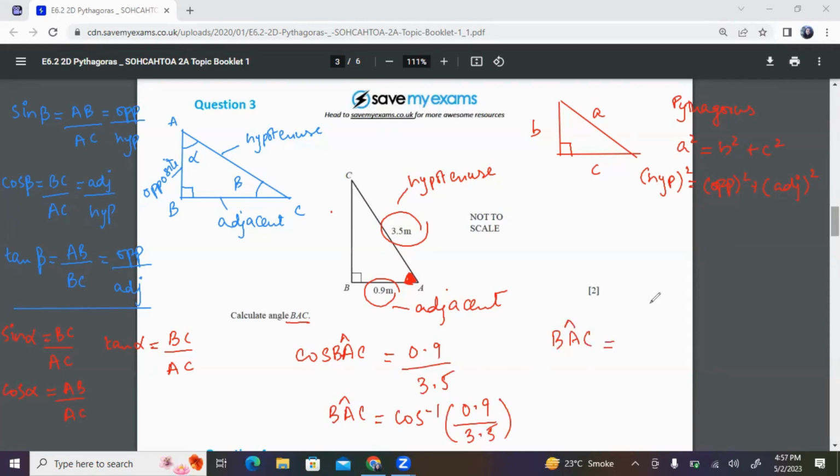And we just plug this in the calculator. Cos inverse of 0.9 divided by 3.5 is 75.10, correct to 2 decimal places.